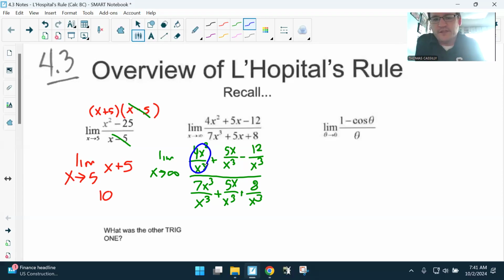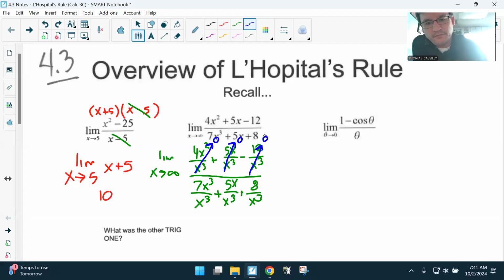If you wanted to simplify that, you just get 4 over x. But as we approach infinity, we get 4 over infinity, which is 0. So this whole term approaches 0 as x approaches infinity. Similarly, the next one also approaches 0, and 12 over infinity cubed approaches 0 as well.